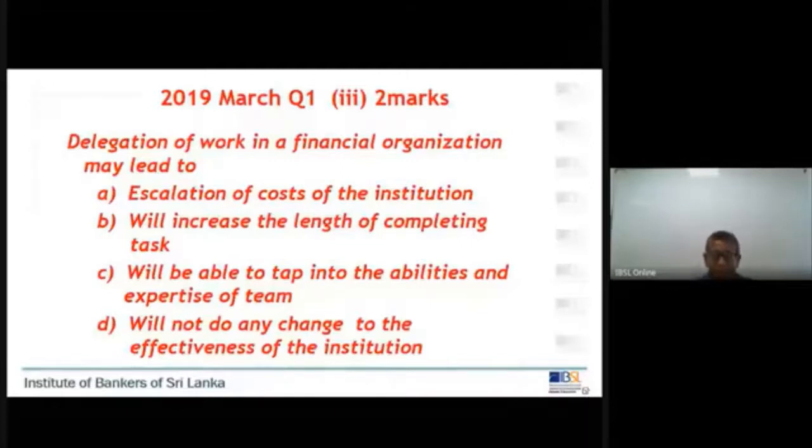We will be able to tap into the abilities and expertise of teams. That means through delegation we are trying to develop the knowledge, skills, and competencies of other people. Another thing I want to tell you: through delegation, it is important for the manager to find out who can do a particular job better than other people.